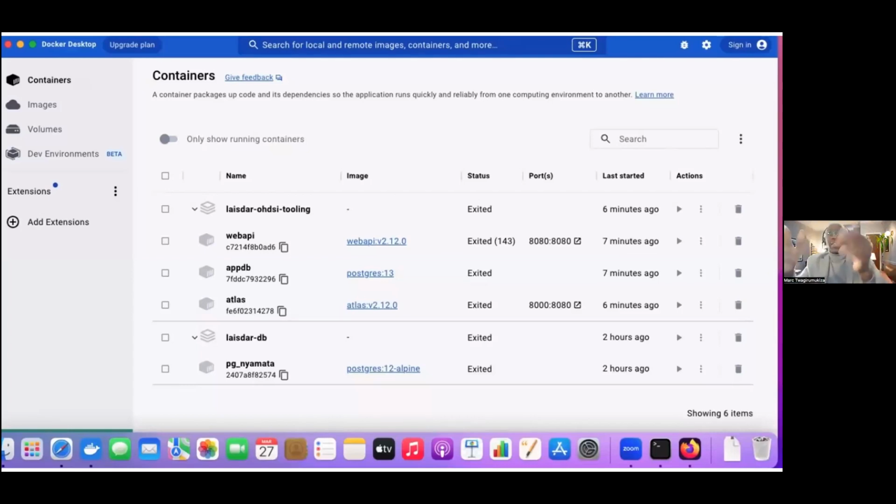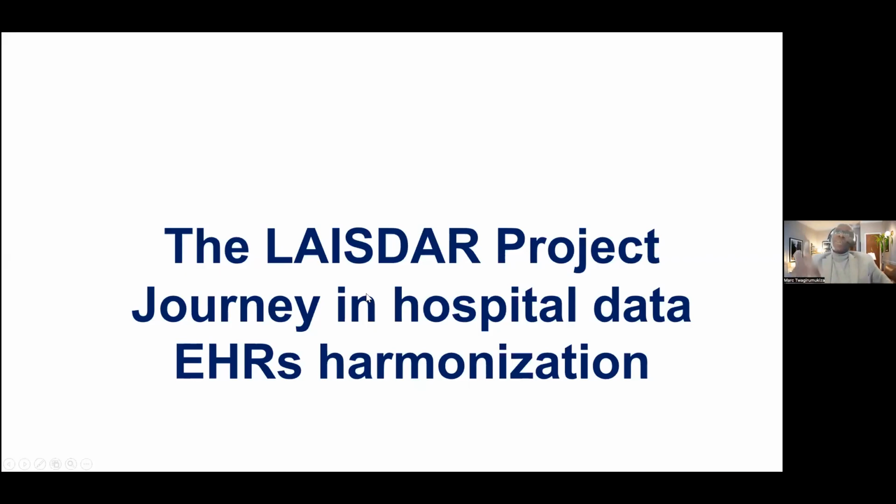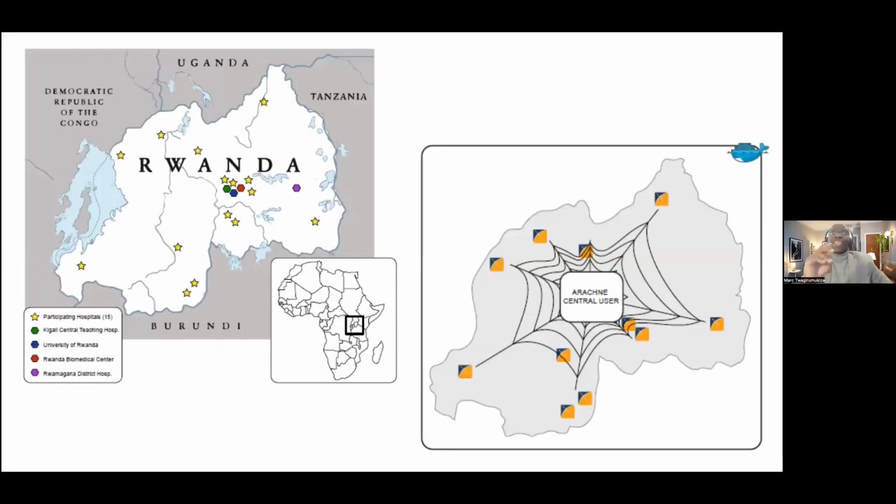This is a screenshot we took where you see we already have Atlas, the visualization tool, running, and we have the database. All those applications come from the container, the Docker I showed. The most interesting part is to see what comes out of this infrastructure.